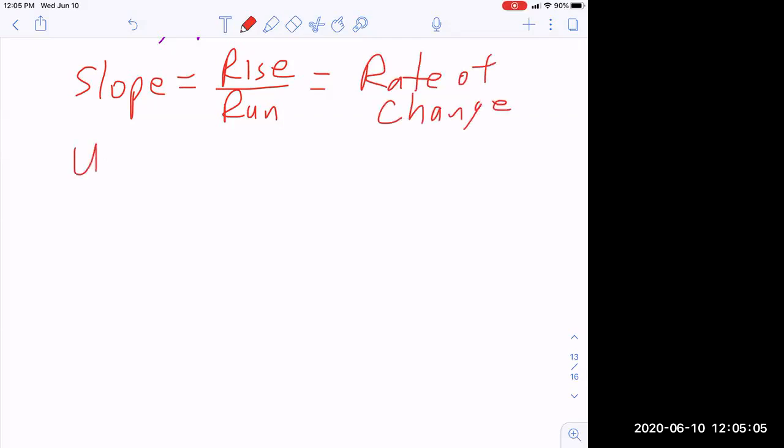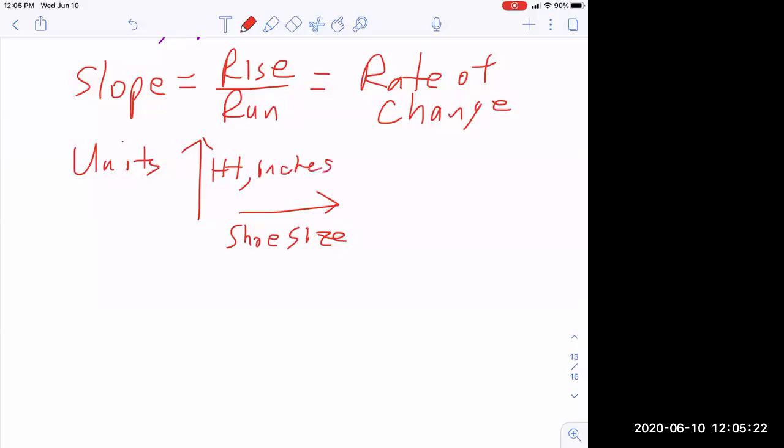So I really want to look at the units on the y-axis and on the x-axis. So this was shoe size. This was height in inches. So my slope is 1.8 inches per shoe size.